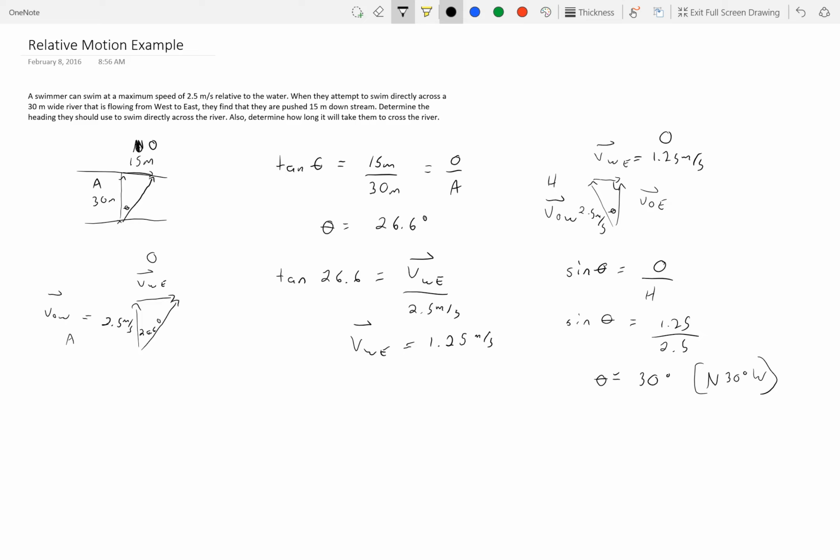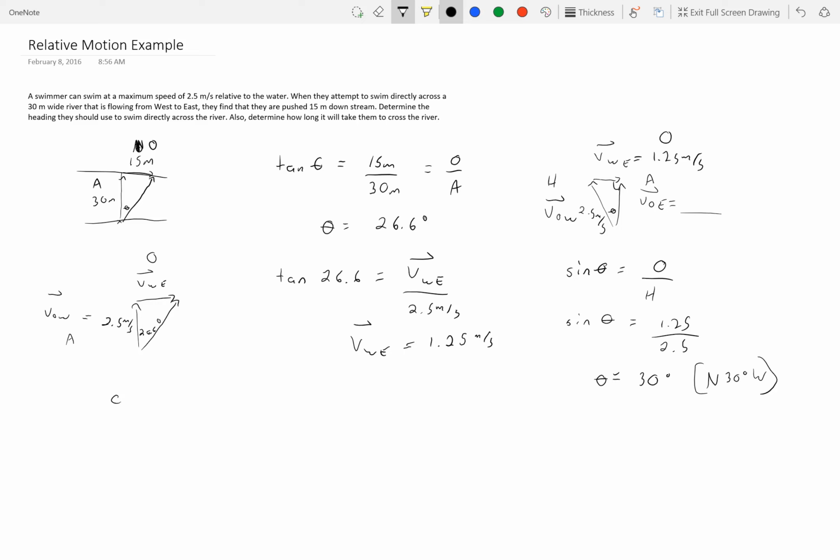Finally, also determine how long it will take to cross the river. What we can see then is that this is the velocity that's actually going to be getting you across the river. We can find this in a couple ways. We could use trig, or we could use the Pythagorean theorem. I'll just use trig because I think it's pretty easy. This is the adjacent, and we have the hypotenuse.